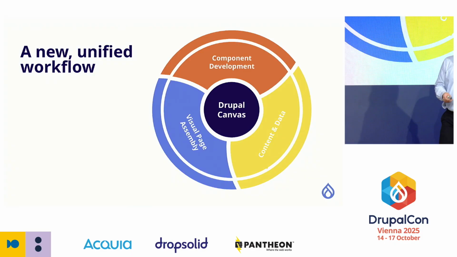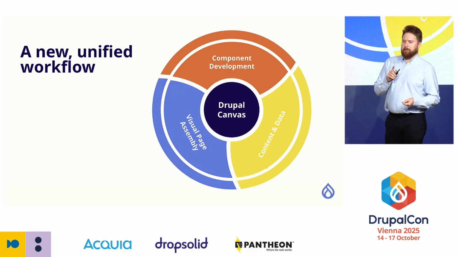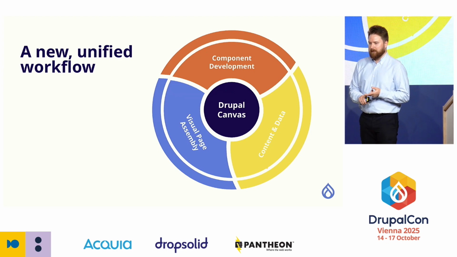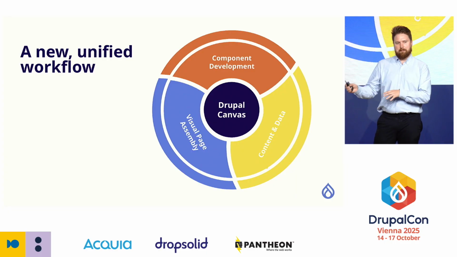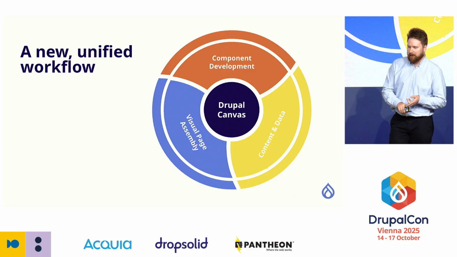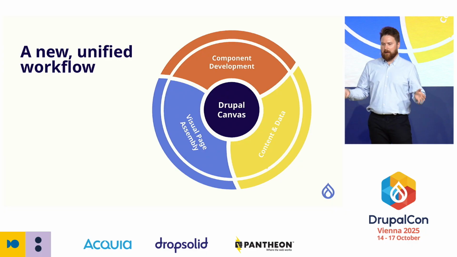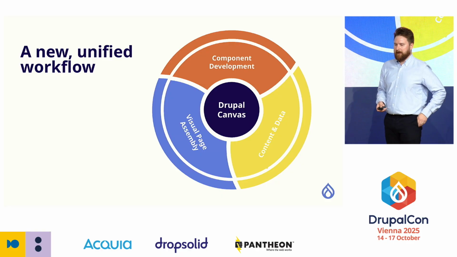And that's where, with Drupal Canvas, we bring this new unified workflow, where we provide tools for component development, for visual page assembly, and for connecting your components and pages to content and data from your CMS. So you can use the data from your taxonomy terms, content types, media, whatever. You can bring those in and bring them alive using the Drupal Canvas components, and essentially build this unified experience.